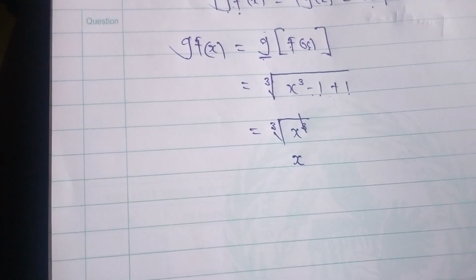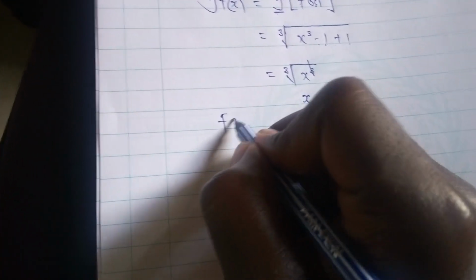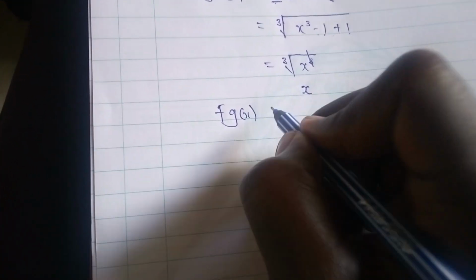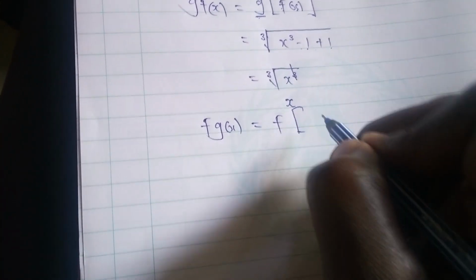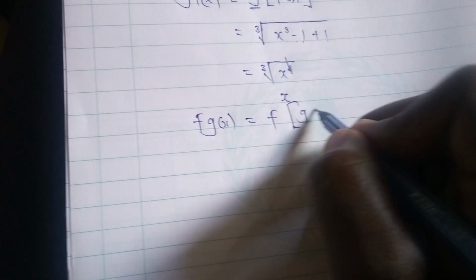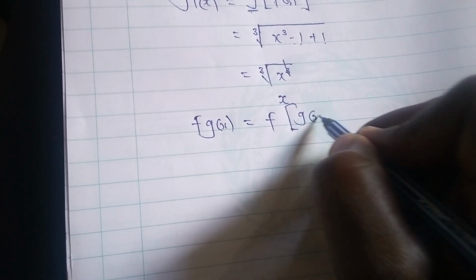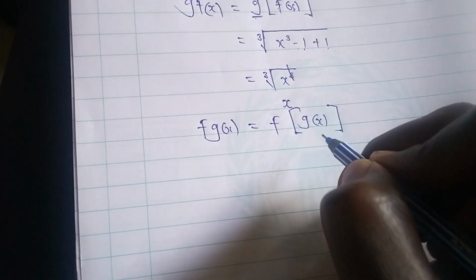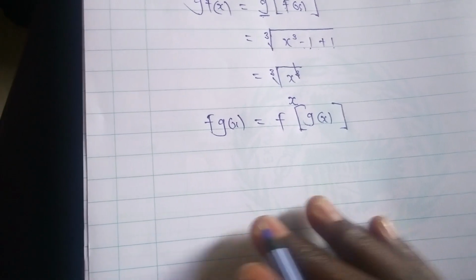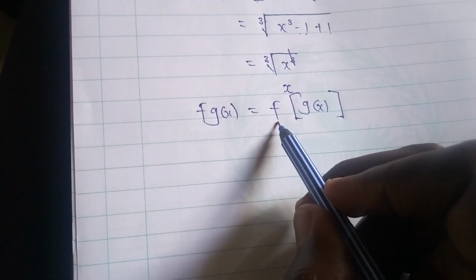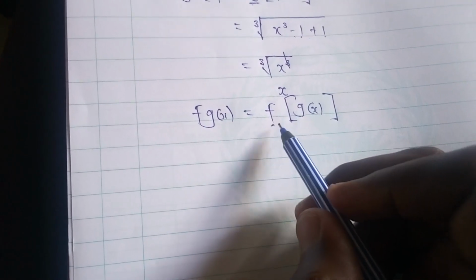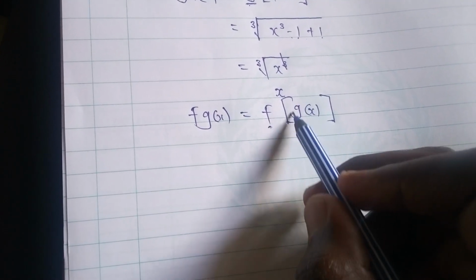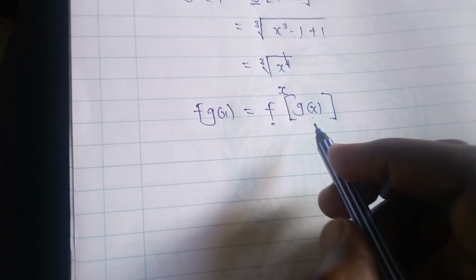Now we have to find f of g of x, which is equivalent to f open brackets g of x. That simply means you are going to get the function f, and where there is x, you replace it with the function g of x.